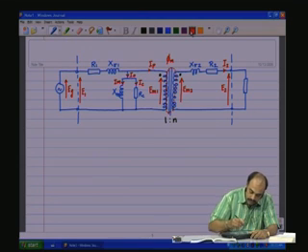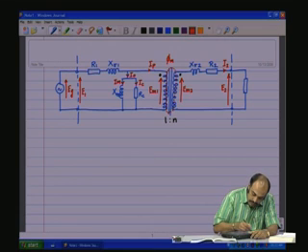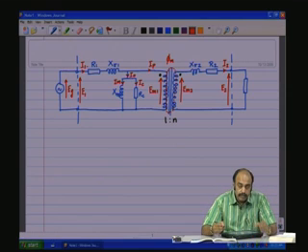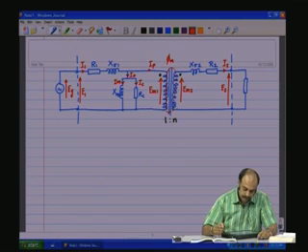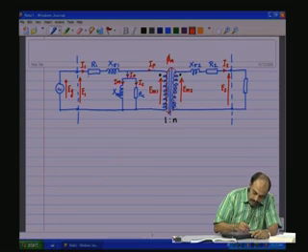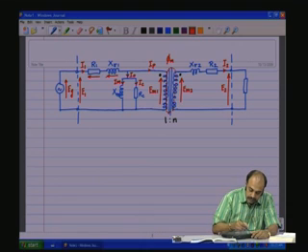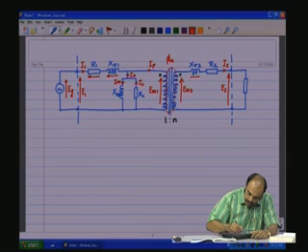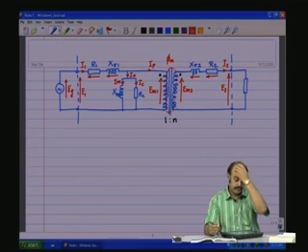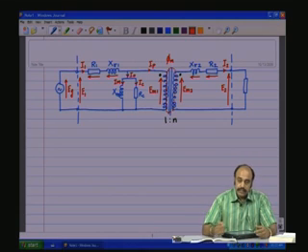And there is I 1, the current drawn from the source, the primary terminal current. And of course, there are voltage drops across each of the components, E R1, E sigma 1, and as the current in this direction we have E sigma 2 and the voltage across this.